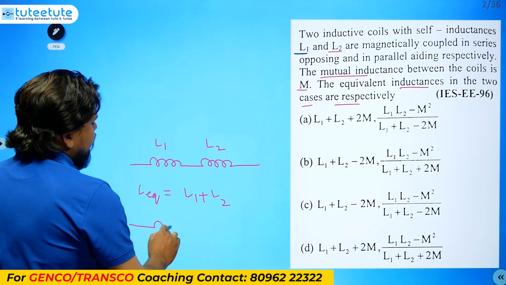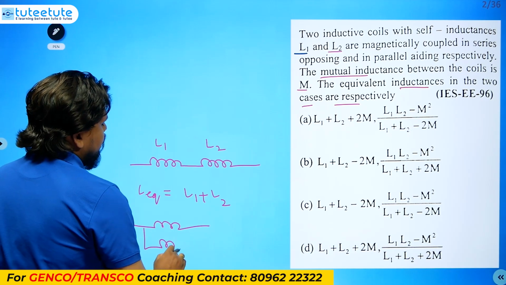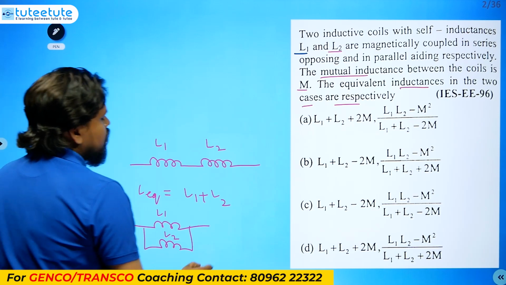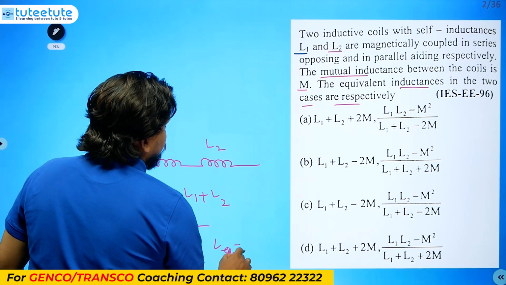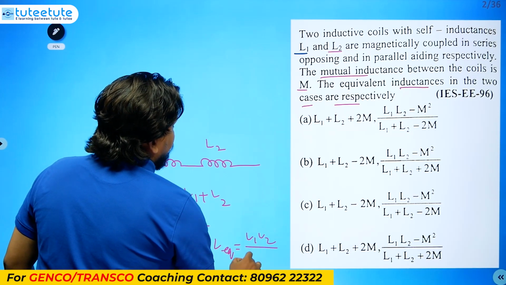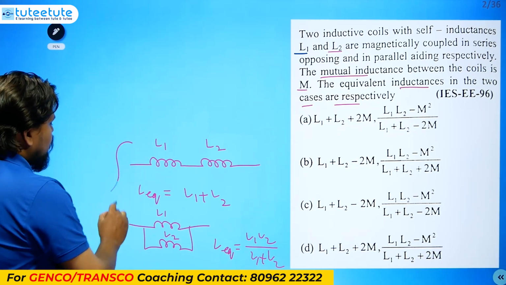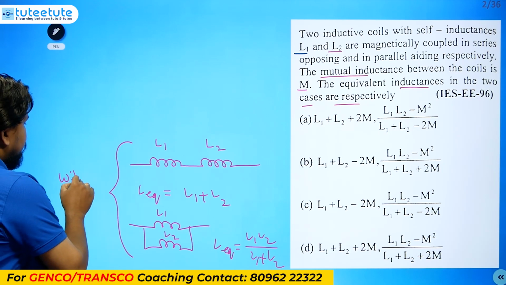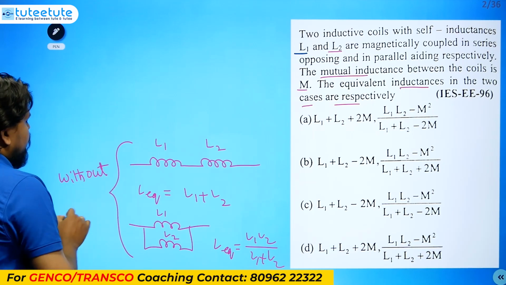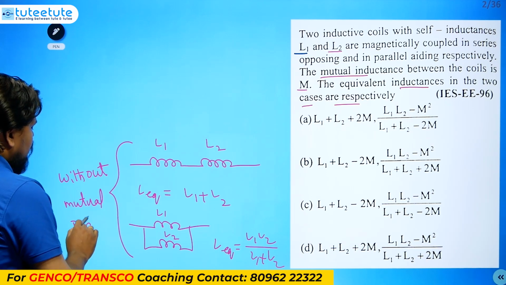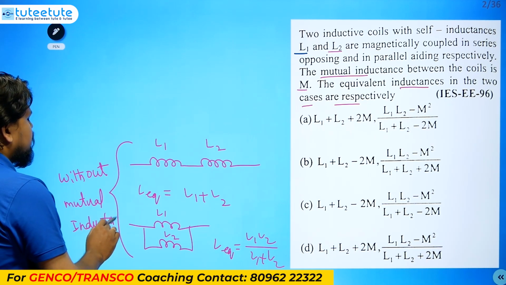If you are connecting two inductors in parallel, L1 and L2, then L equivalent equals L1 L2 divided by L1 plus L2. So this is normal, without mutual inductance. Without mutual inductance we got this.